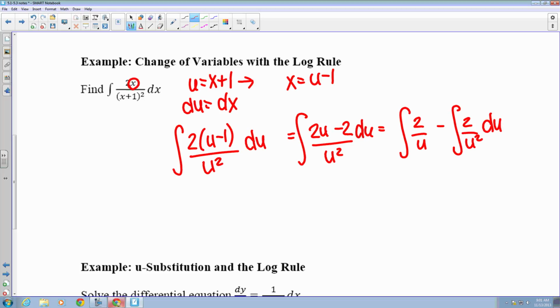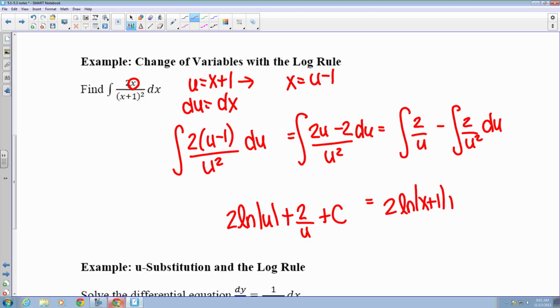We can take the integral of both those individually. The first one turns into 2 times the natural log of u, and the second one turns into 2 over u, which is 2 natural log absolute value of x plus 1 plus 2 over x plus 1 plus c.